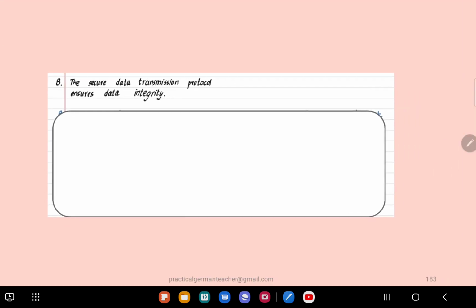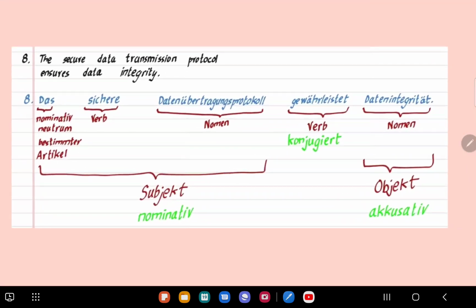So let's look. How can I say this? So secure, you can say sicher. Right? Now think here, why is the ending e? Here you need the adjective ending for bestimmte Artikel. If you remember, it was n for dative case, for genitive case, for plural case, right?